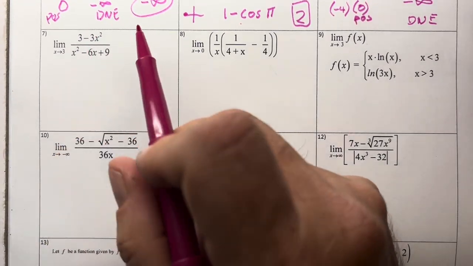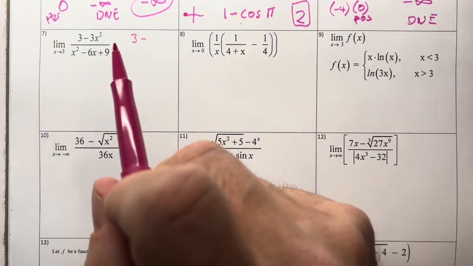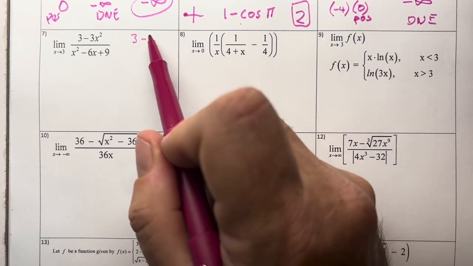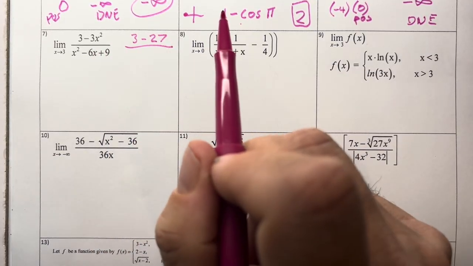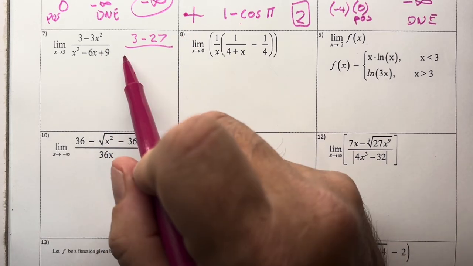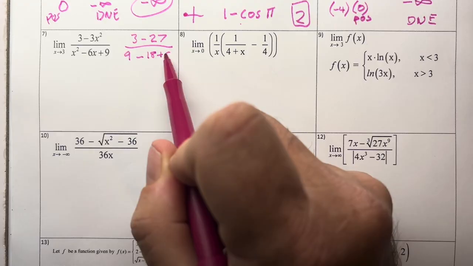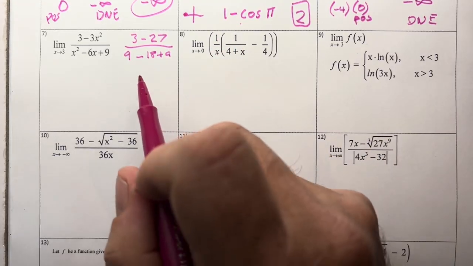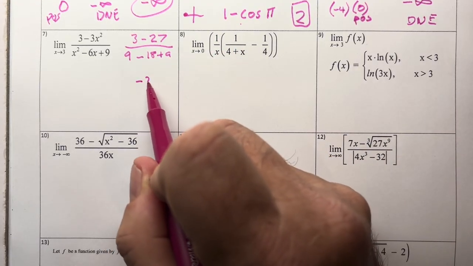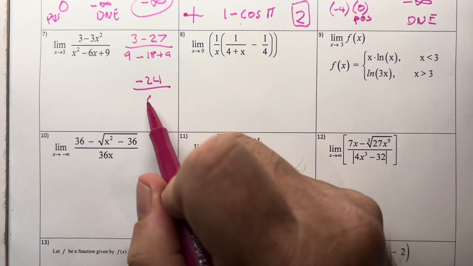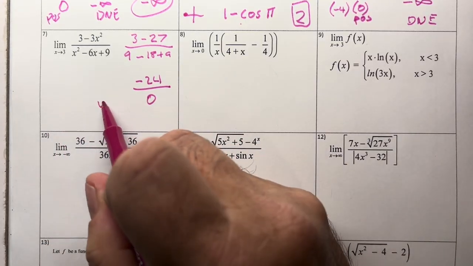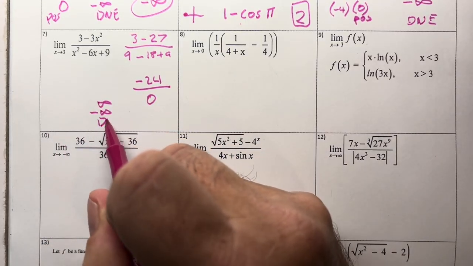Plugging in 3, I get 3 minus, I think that's 27 on top. And on the bottom, I get 9 minus 18 plus 9. So I do get a number over 0. All right, so our choices are between infinity, negative infinity, or does not exist.